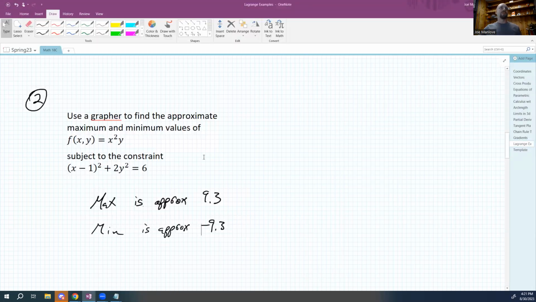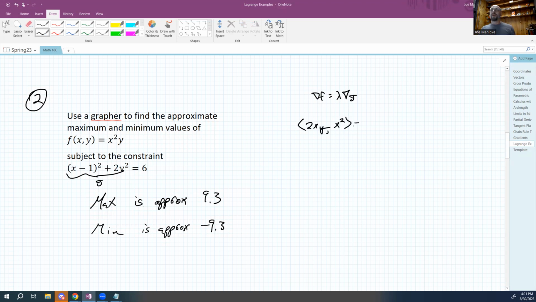It's kind of gross, but let's set it up so you can at least see what the algebra would look like. I need the gradient of f to equal lambda times the gradient of g, where g is my constraint, right? So this is g. So the gradient of f is going to be 2xy comma x squared.